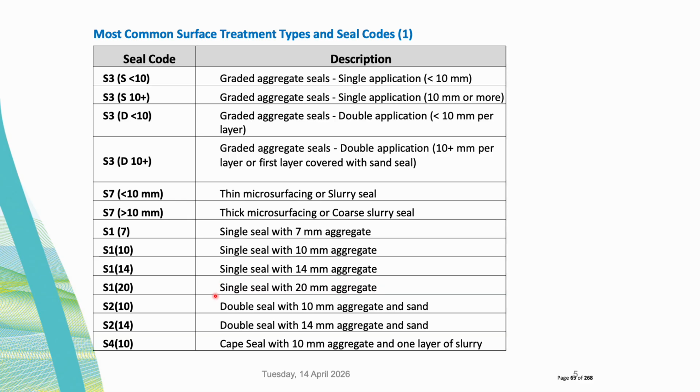And then we move into the double seal group, which is S2, 10 and S2, 14. And then S4 is moving into the famous Cape seals. In this case, the 10 millimeter aggregate with one layer of slurry is the S410.